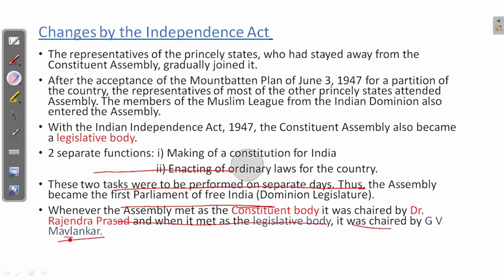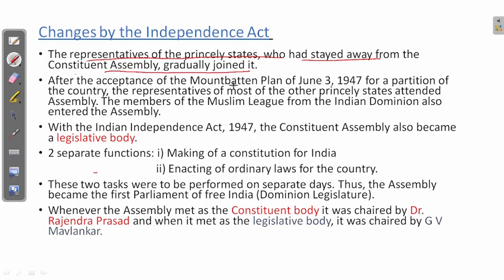Next, we will see the changes by the Independence Act. The representatives of the princely states who had stayed away from the Constituent Assembly gradually joined it. See, earlier princely states were not in the Constituent Assembly.